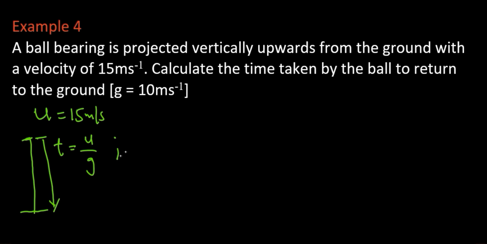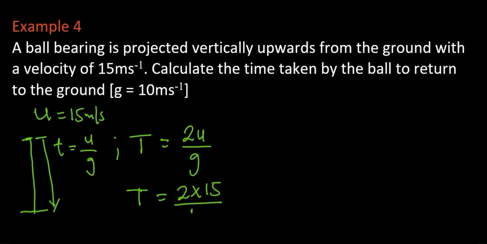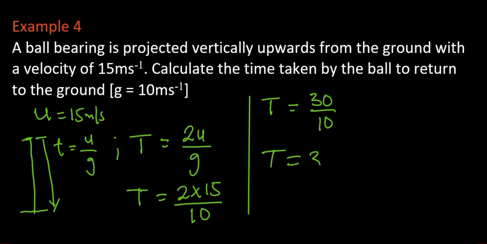So the total time of flight is 2u over g. So t is equal to 2 times the initial velocity, 15, which is given to us, over g, which is 10. t is equal to 30 over 10, which is equal to 3 seconds.